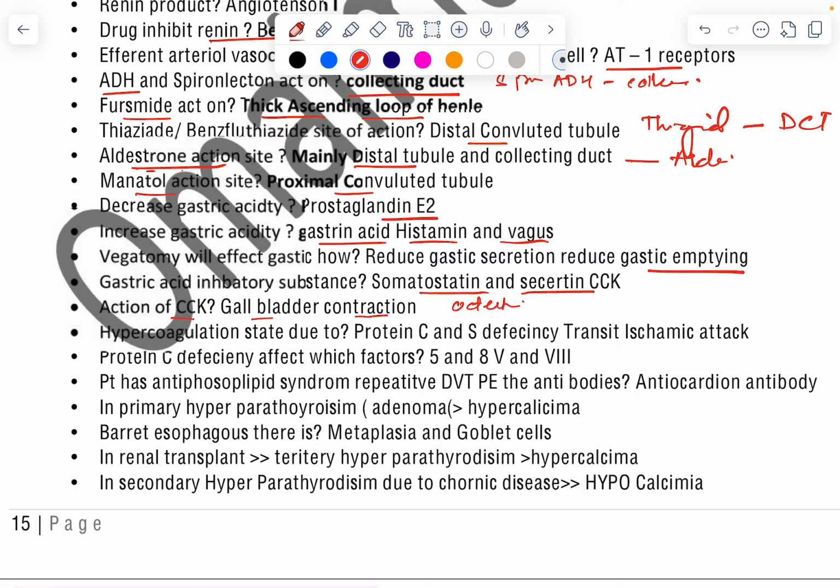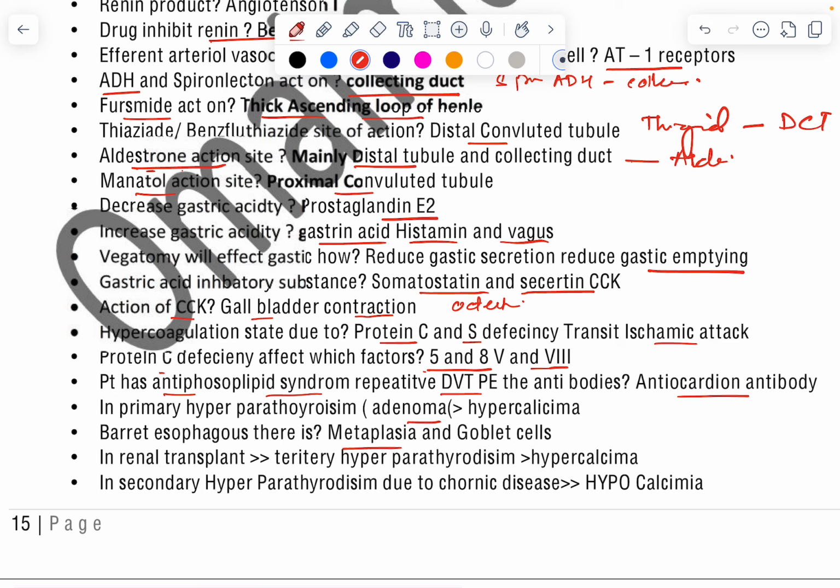Hypercoagulable state: protein C and S deficiency, effects on factors 5 and 8. A patient with antiphospholipid syndrome has repetitive DVT, pulmonary embolism, anticardiolipin antibody. Primary hypothyroidism, adenoma.